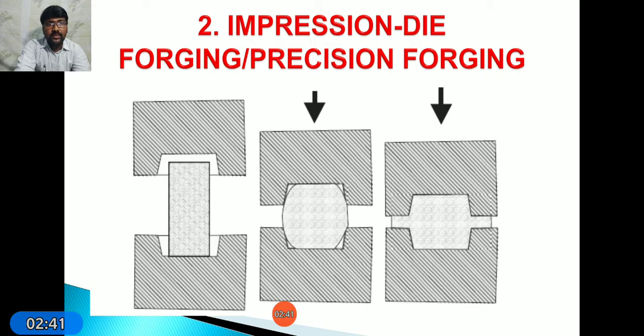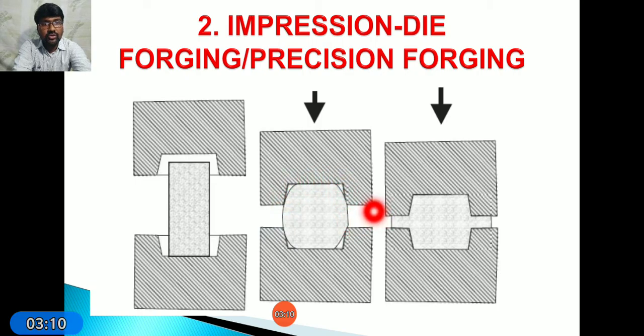Observe, this is the diagrammatic representation of impression die forging. In the first diagram, before the force is applied, we have to place the workpiece between the two dies. Observe, this is the shape impression of the die. Whatever shape is required, we have to prepare on the die. After that, we apply the force. The shape of the cross section of the workpiece changes according to the shape in the die.